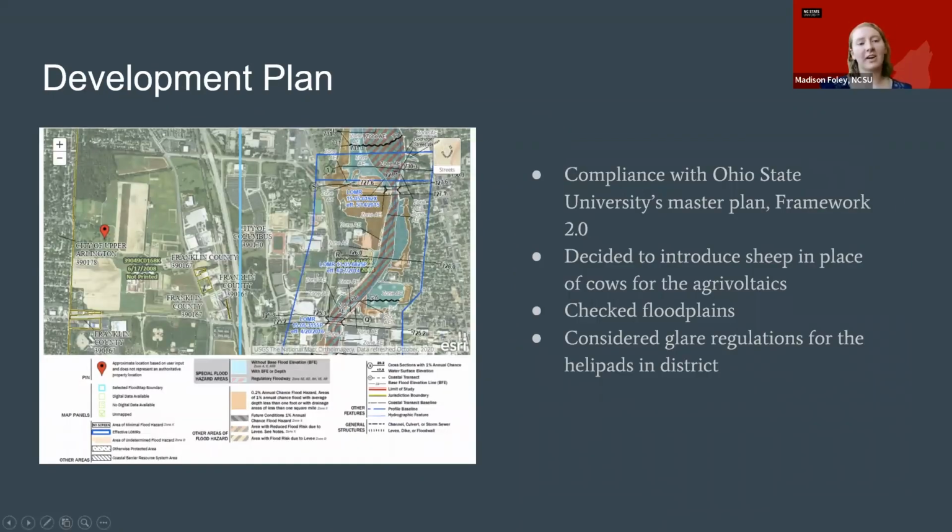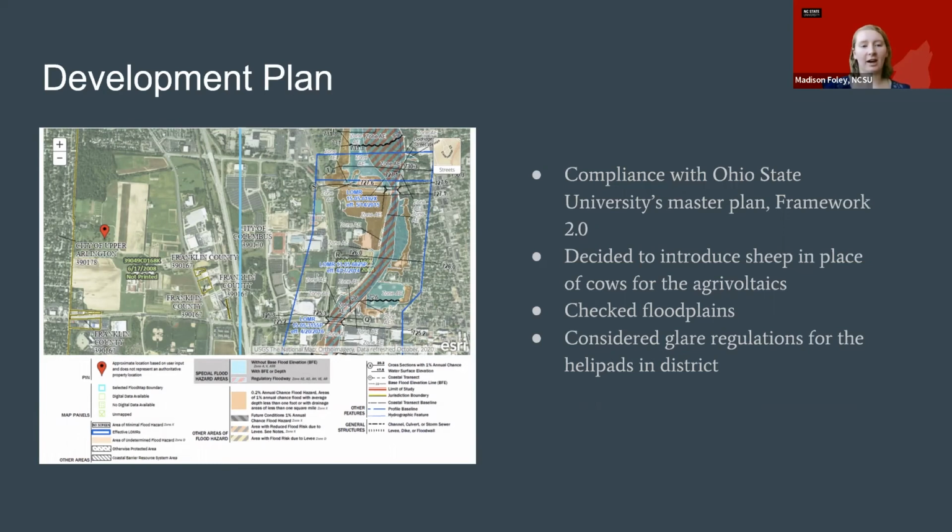In regards to the development plan, we started by reviewing the university's Master Plan Framework 2.0. We chose buildings for rooftop solar arrays that were not specifically named as being replaced or set to undergo demolition, and selected locations that would not interfere with potential improvements for campus connectivity and transportation. More research went on to include how animals interact with agrivoltaics.